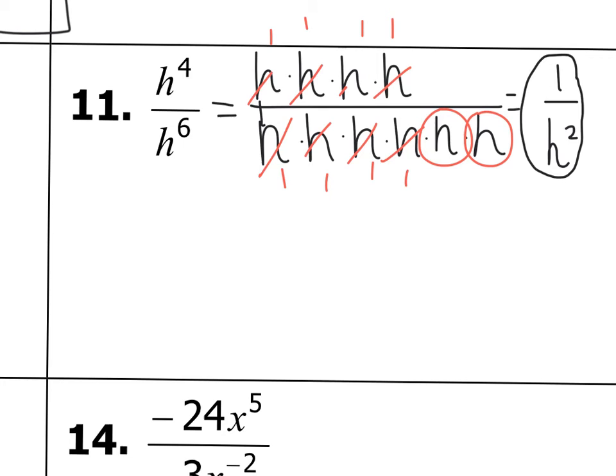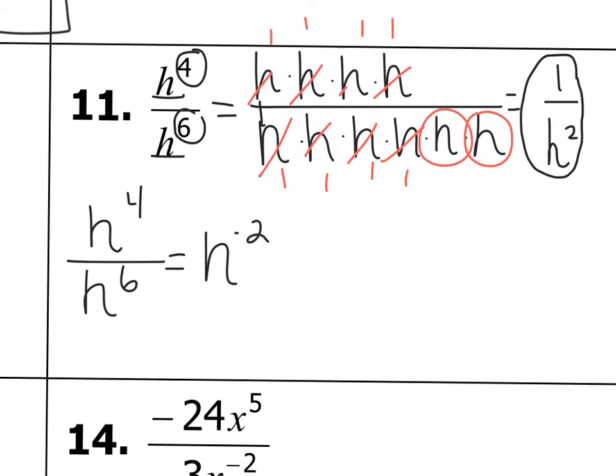We also know that if we have the same base, we can subtract the exponents. So h to the power of 4 divided by h to the power of 6. If I subtract, I get h to the power of negative 2. Why do I get negative 2? Because 4 minus 6 is going to give me negative 2. And our rule tells us that if we have a negative exponent, it gets flipped to the other side.